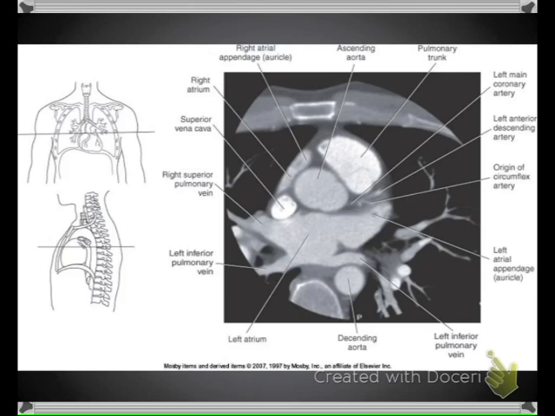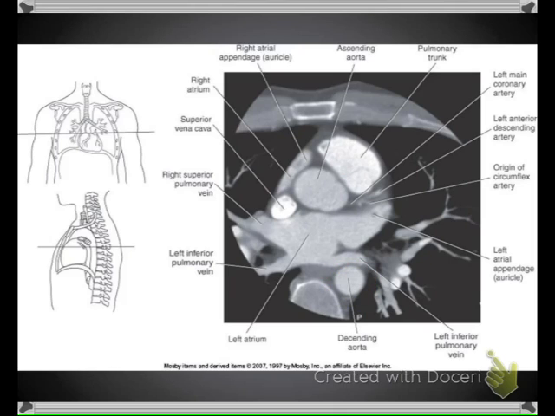We also do see that we have the ascending aorta and the descending aorta here. And so we've kind of went a little lower than the aortic arch, but we're still catching where it's coming out of the left ventricle and actually pumping up.